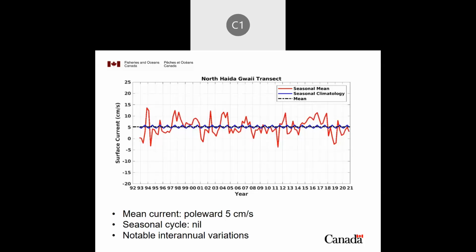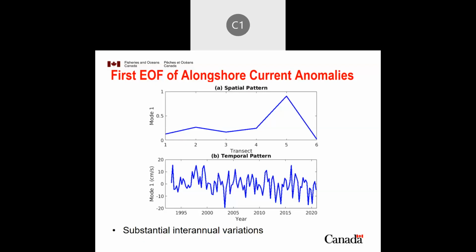So in terms of alongshore changes of circulation pattern, we can see the seasonal cycle changes from south to the north. And what about the interannual variations? We have done some EOF analysis for currents at these 3 transects.